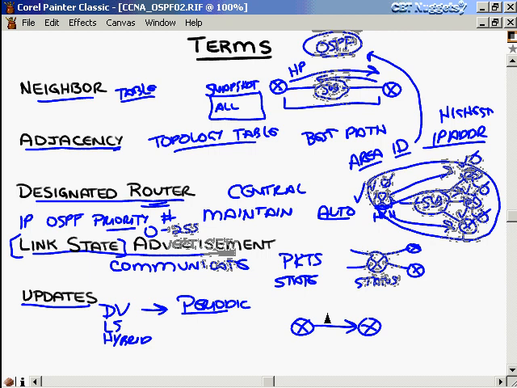Well, here we're talking about link state, and they introduce a new idea called incremental update. Simply, we're going to update from one router to another anytime we see a change. And if we don't see that change, we're not going to update. But you understand that you could go a long length of time with no updates, right?